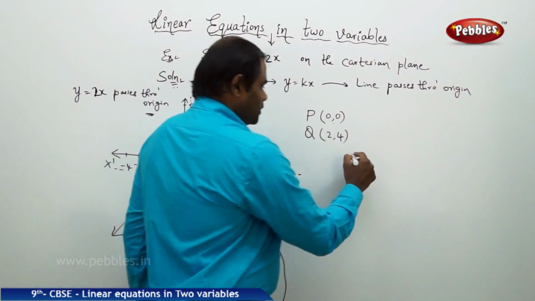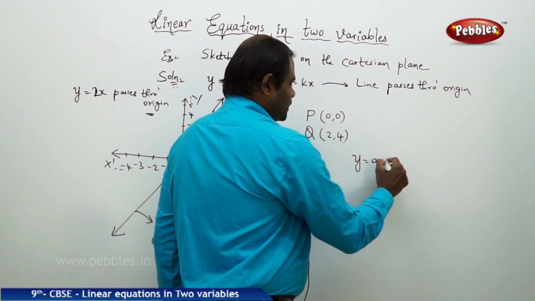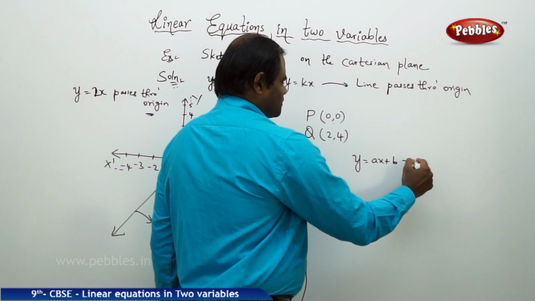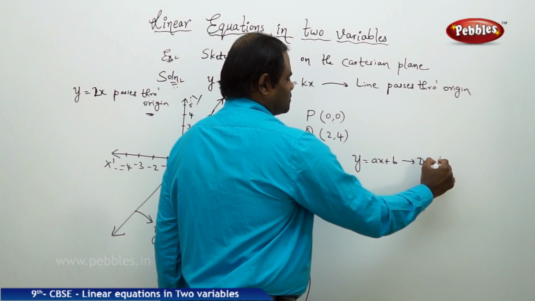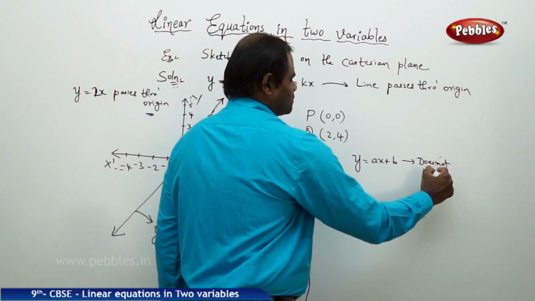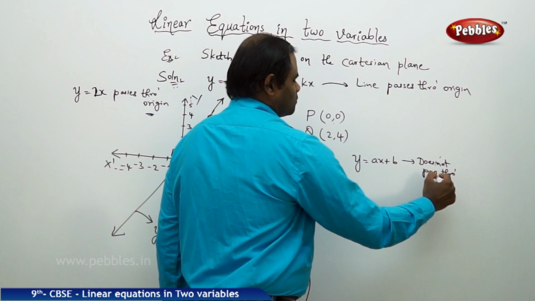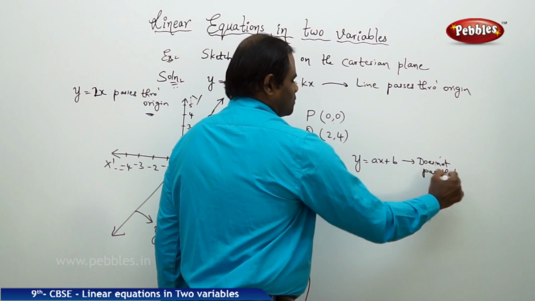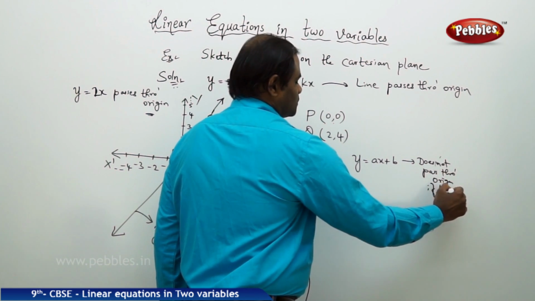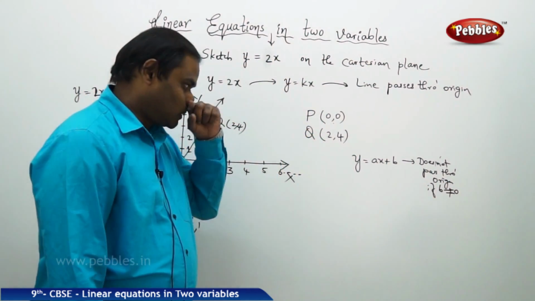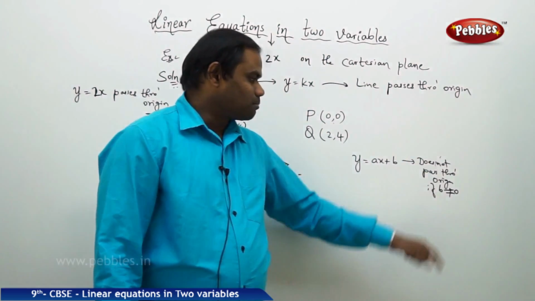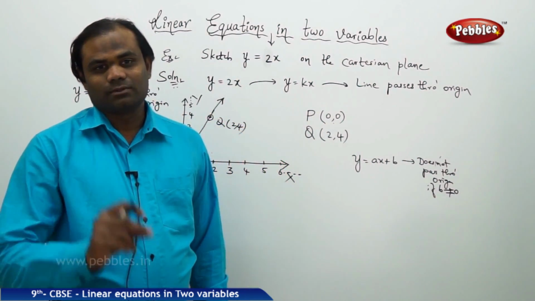A line y equals ax plus b does not pass through the origin if b is not equal to 0. The condition is that this line does not pass through the origin if b is not equal to 0.